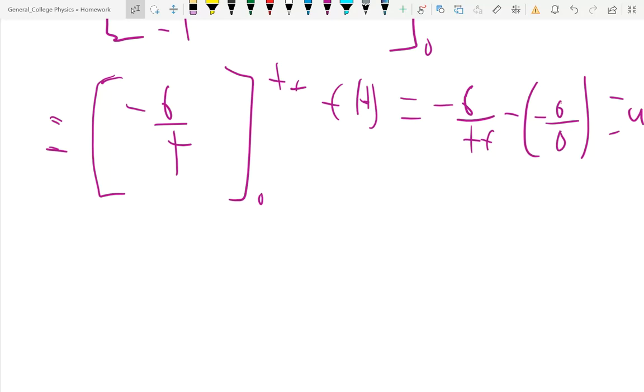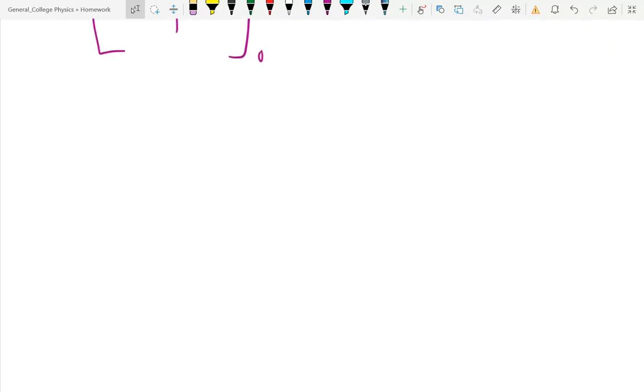Next up is Trace. It is the integral of 24 e to the 3t.